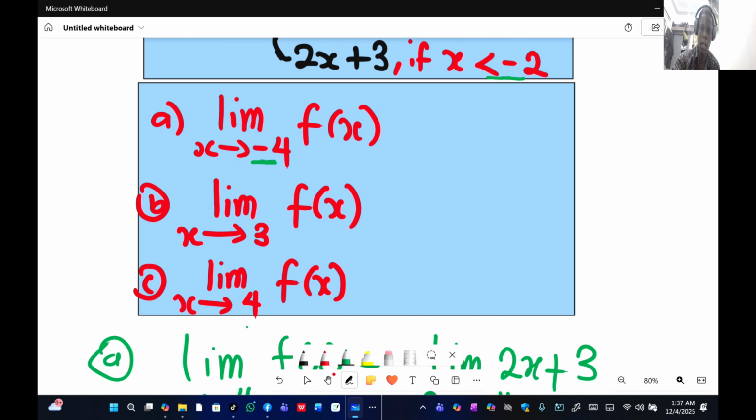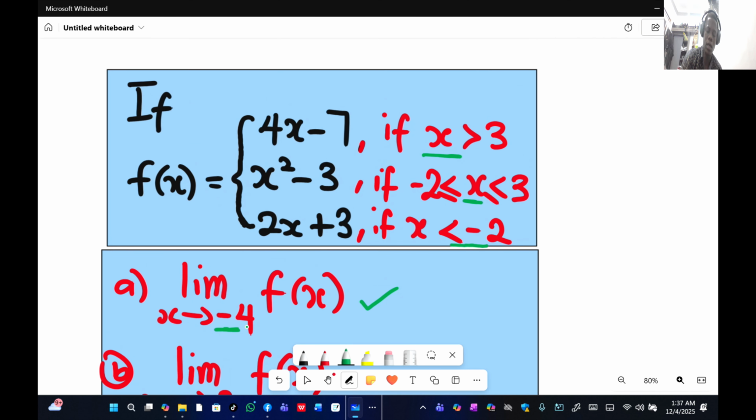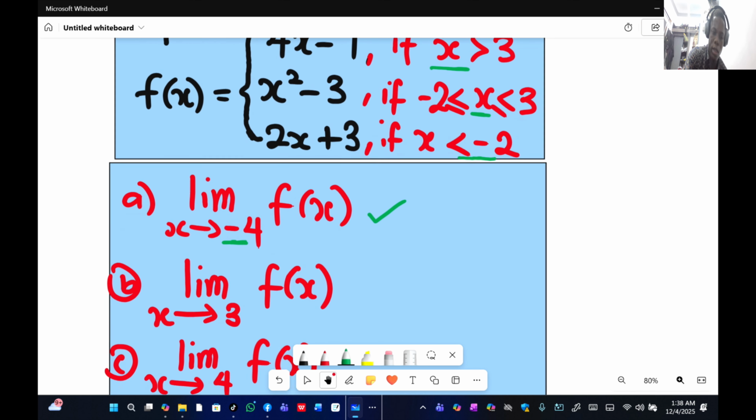We are done with the A part. Let us look at the B part, which says the limit of the function as its input approaches 3. So we go back and identify the component of the function suitable for evaluating the limit as it approaches positive 3.